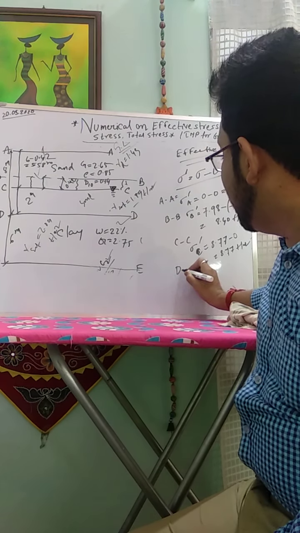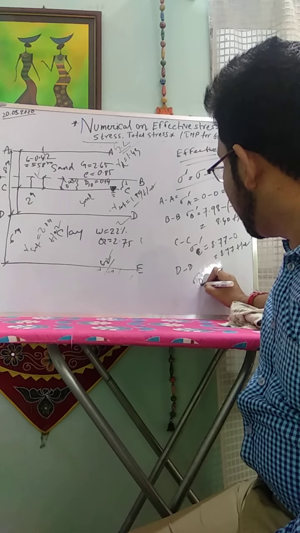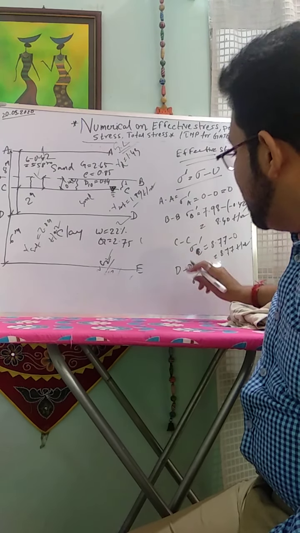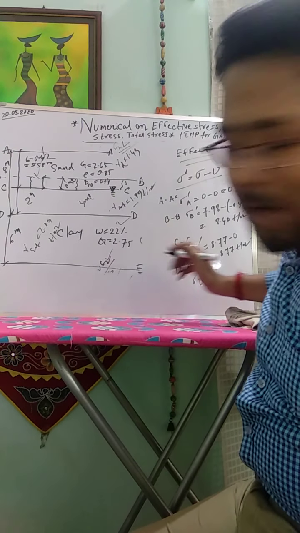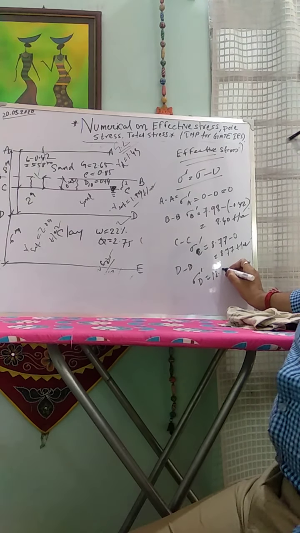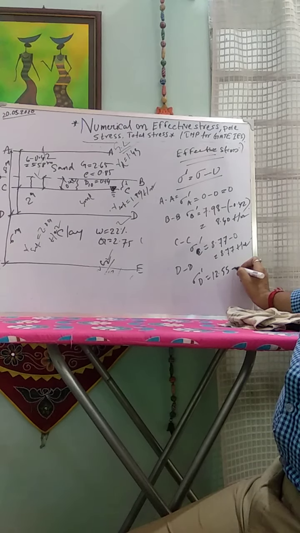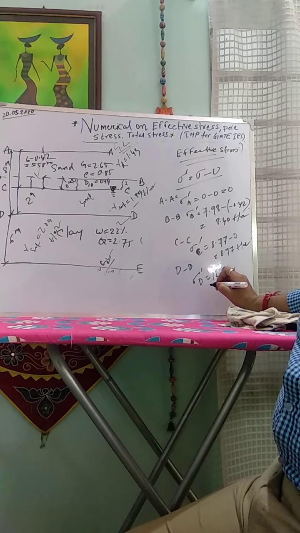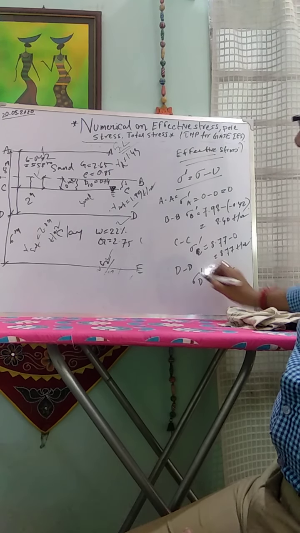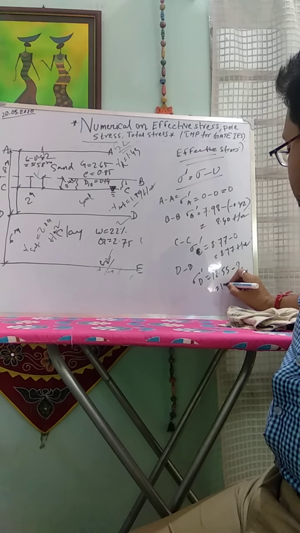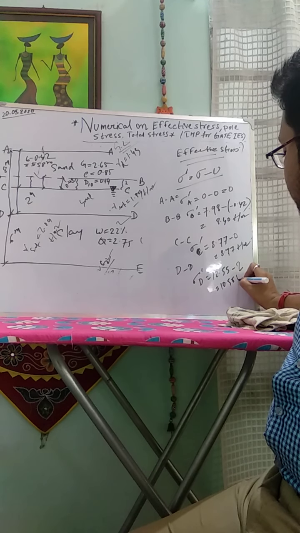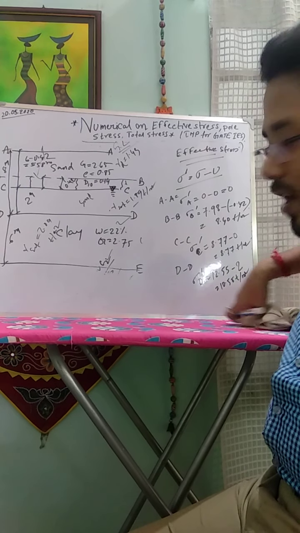Now at DD, total stress 12.55 minus neutral stress at DD, 2 into 1, that is 2, which means 10.55 ton per meter square.